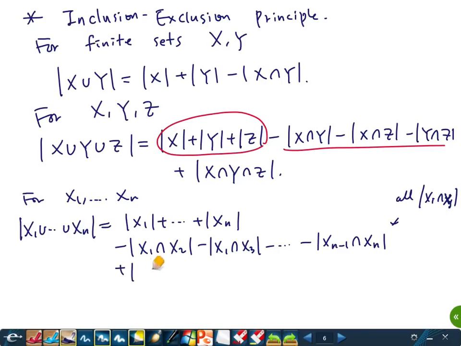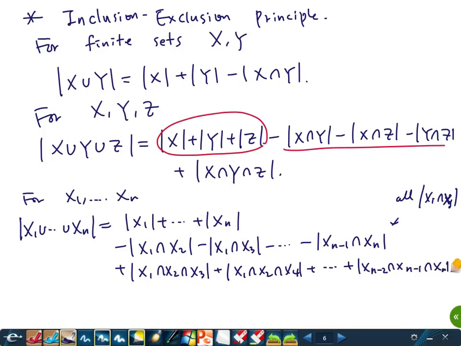And plus x1 intersect x2 intersect x3, all possible intersections of three sets. There are many. And so on, with alternating signs, and at the end we get x1 intersect through xn.